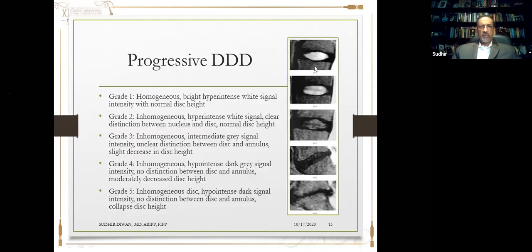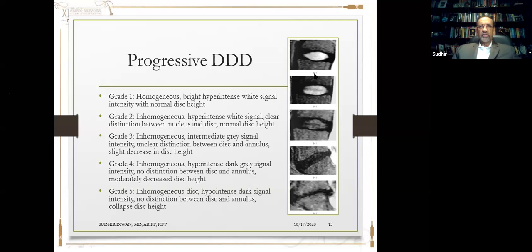The disc progresses from a bright homogeneous disc in grade 1, and it continuously progresses, and you can look at the last picture, grade 5, which is a dark, inhomogeneous disc with hypointense dark signal, and there is really no disc left at all. This is totally bone on bone.